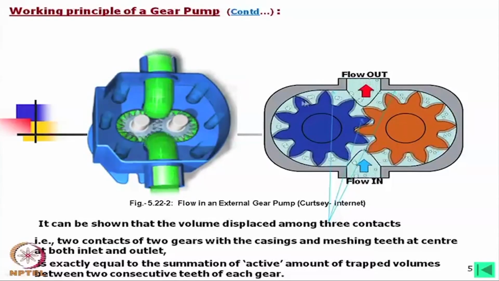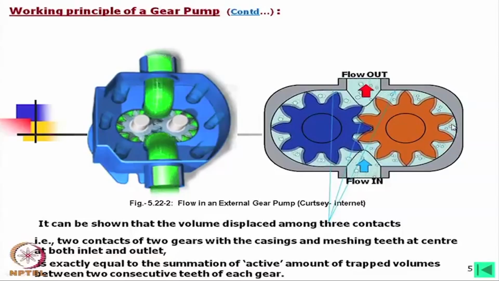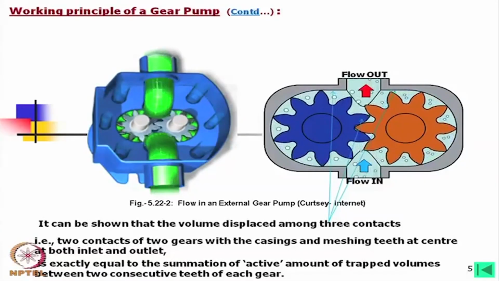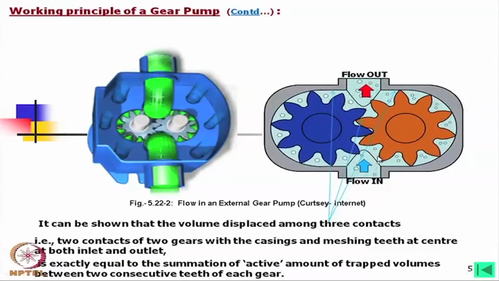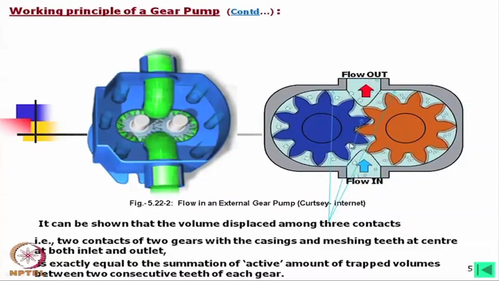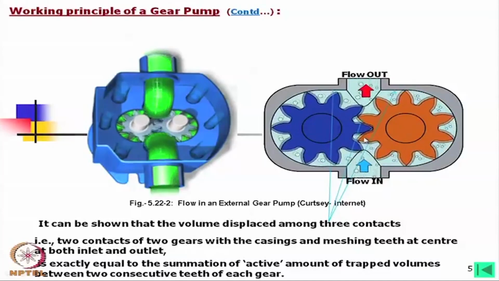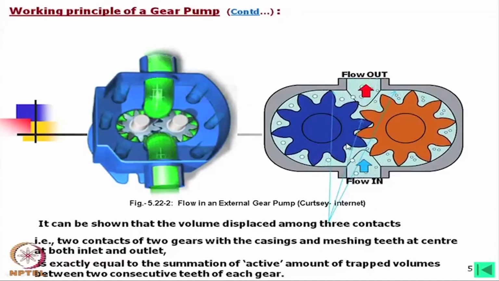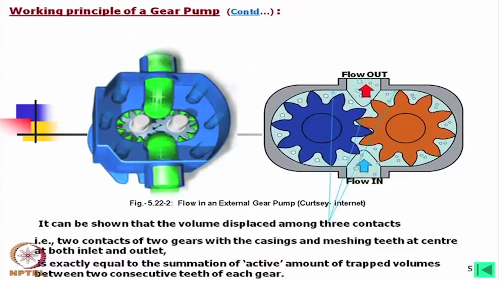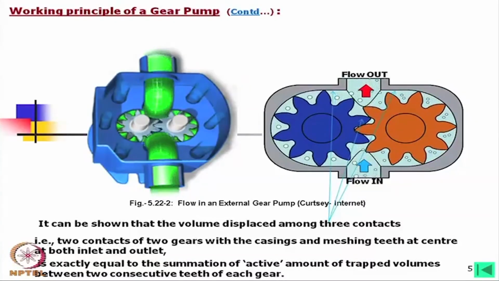If we just measure this area of one pocket and here one pocket, this will be the same, and if we multiply them, that would give the total volume, but it is not that. It will be these two volumes minus this entrapped volume, which is actually inactive. If you stop this gear, you will find there is one small volume, the same oil is coming back to the suction side, that we have to subtract, and we should remember that. So, while we are calculating this, we have to consider this part.